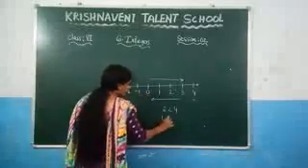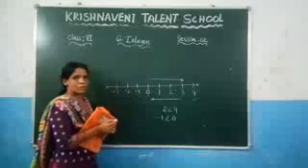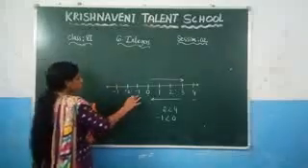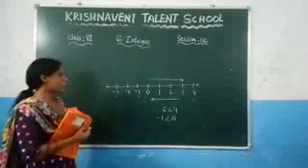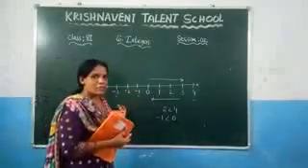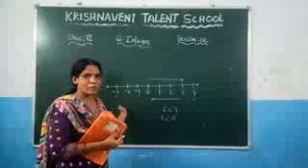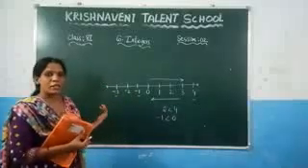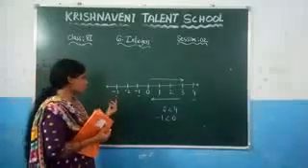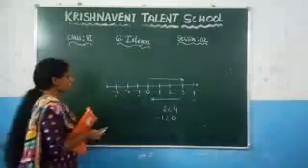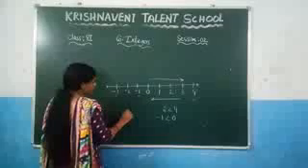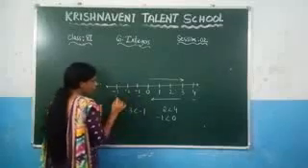So you can write -1 is less than 0. Again, if you consider -3 and -1, since we know that going to the left side of the number line the number will be decreasing, you can conclude that -3 is the smaller number compared to -1. So you can write -3 is less than -1.